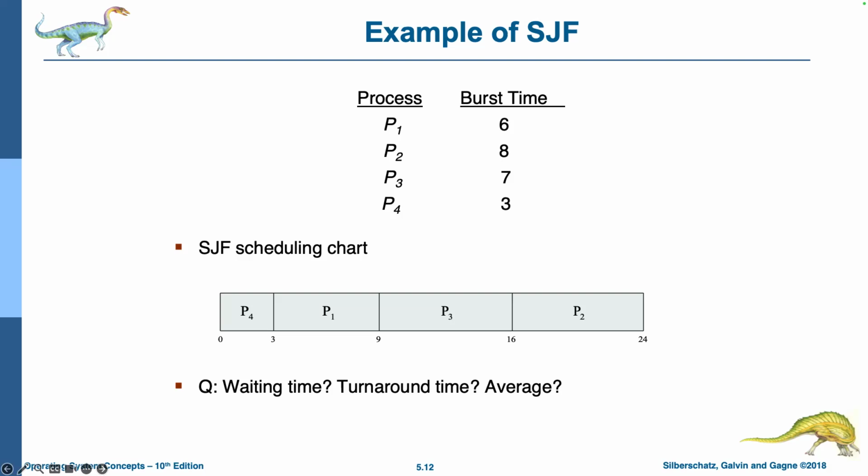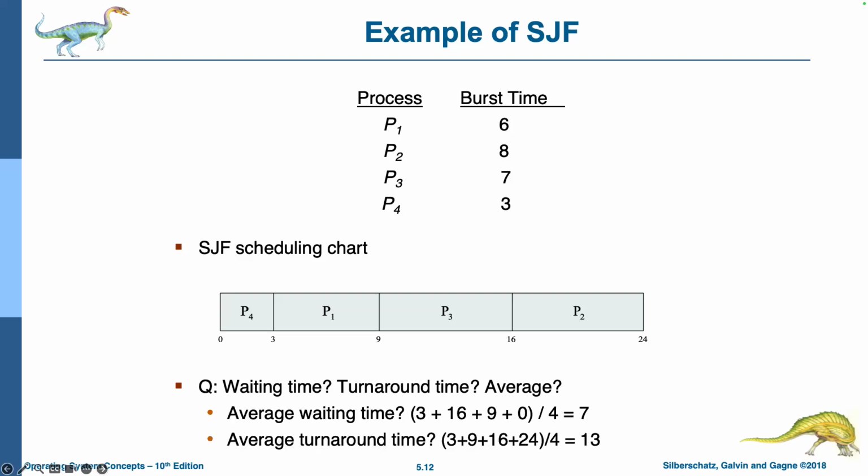The turnaround times are 3, 9, 16, 24. The average is the sum divided by 4. So they are sorted, and this is the optimized result. It's impossible to happen in real CPU scheduling. Maybe we can make a strategy very close, but it is impossible to achieve exactly.